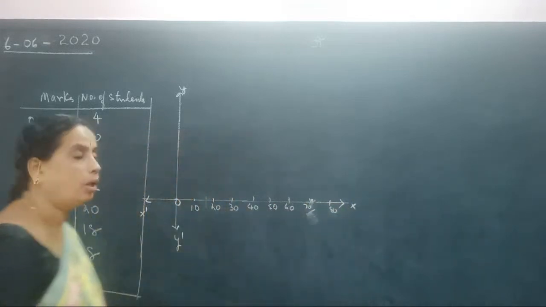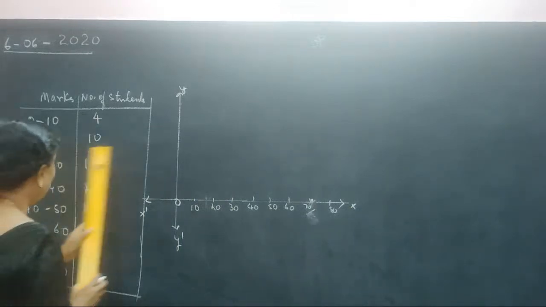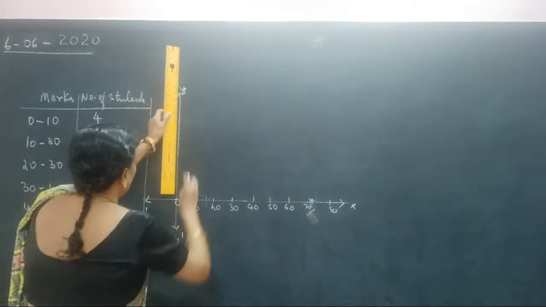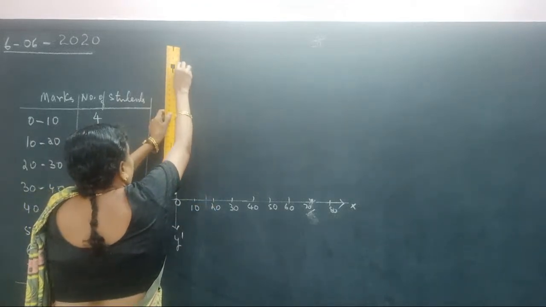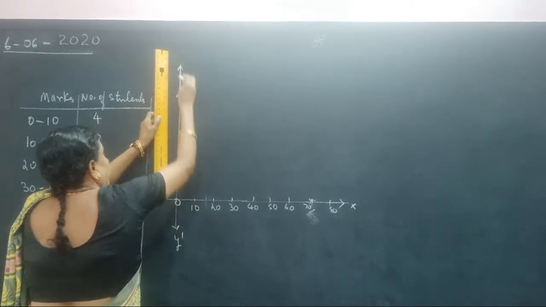Along the y-axis, you have the maximum frequency 22. Take multiples of 5, or you can take 10. 20 is very congested, you will get it as blocks.